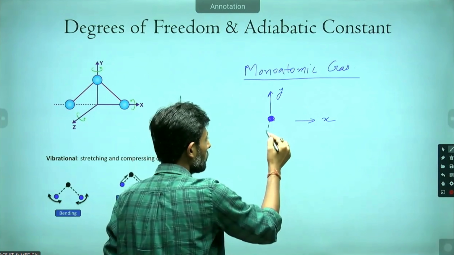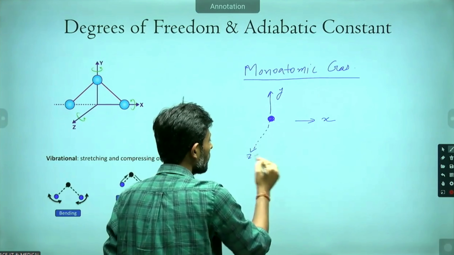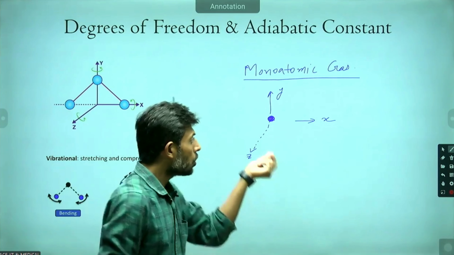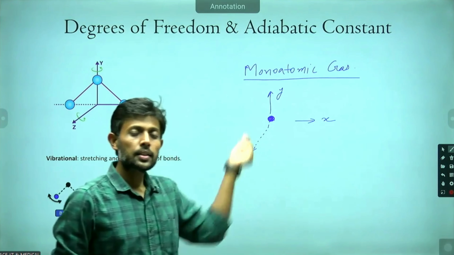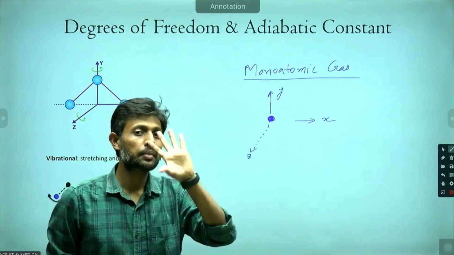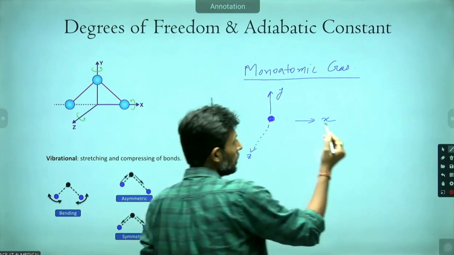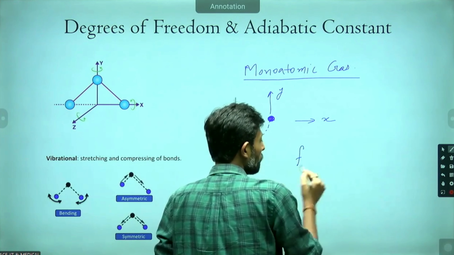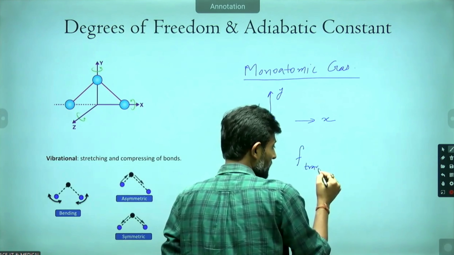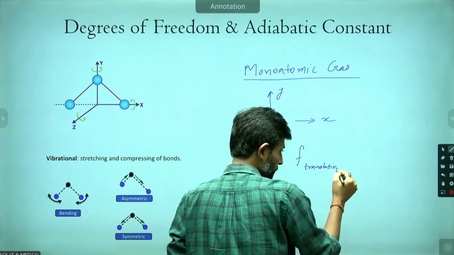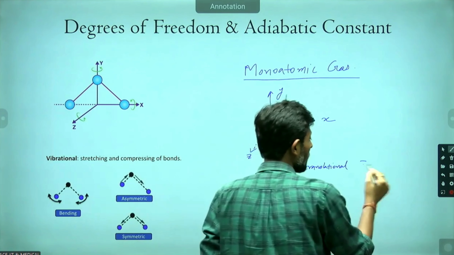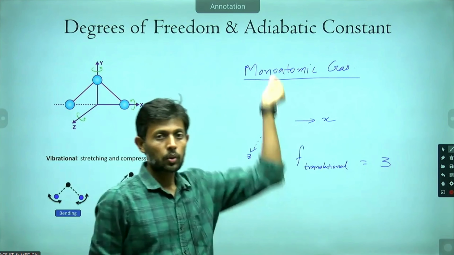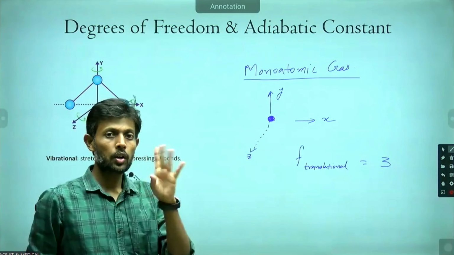Let's use this to indicate the Z direction. So these are the three ways in which this small atom can translate. So the translational degrees of freedom for this monoatomic gas is 3. It can move along the x-axis, the y-axis, and the z-axis, 1, 2, 3.